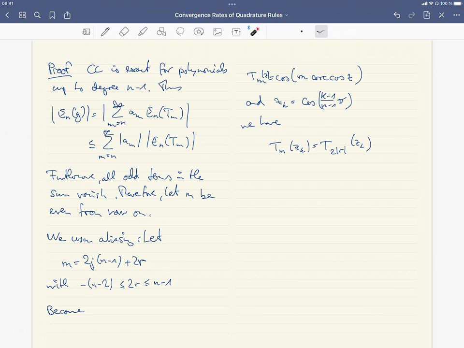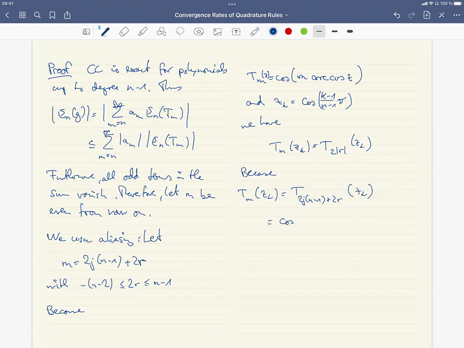I take the mth order Chebyshev polynomial, right? And then I have that I can divide the m into 2j(n minus 1) plus 2r. And so imagine I put now, let me write this down, because T_m of z_k is T_{2j(n minus 1) plus 2r} of z_k.